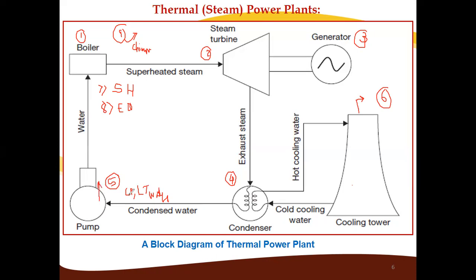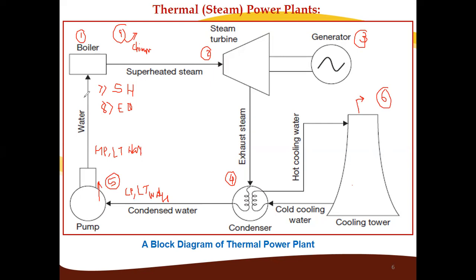So we convert this low pressure water into high pressure, low temperature water. So the input to the pump is low pressure, low temperature water, and the output from the pump is high pressure, low temperature water.